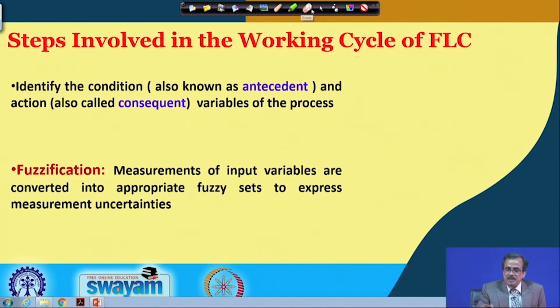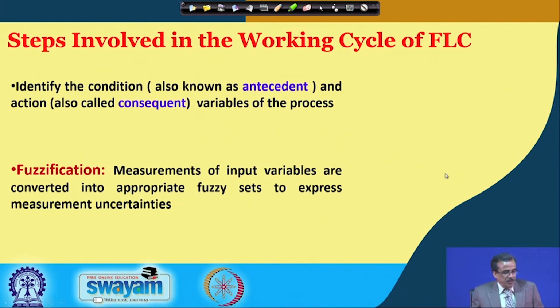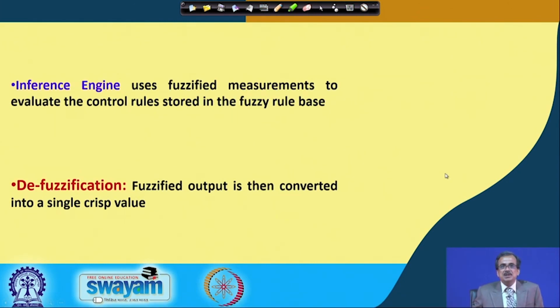Next we go for the inference engine. I have already discussed the purpose of the inference engine: out of all the possible rules, depending on the set of inputs, which rules will get fired. That will be decided by this inference engine.